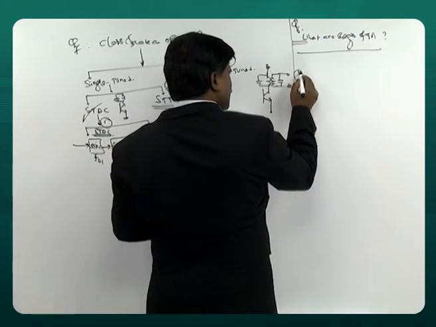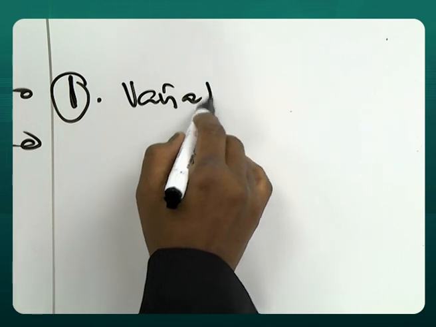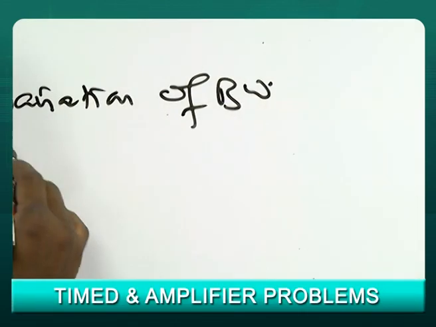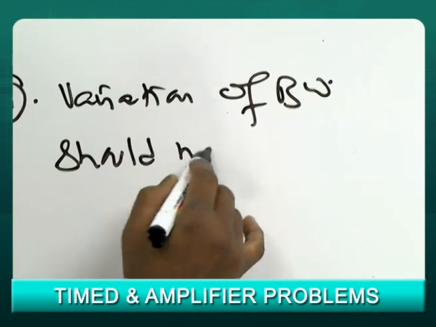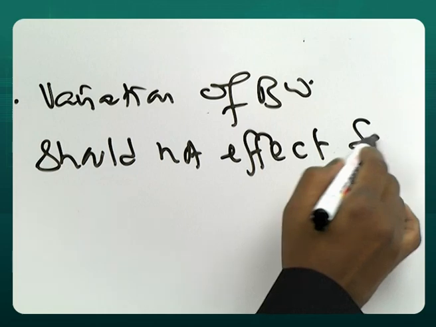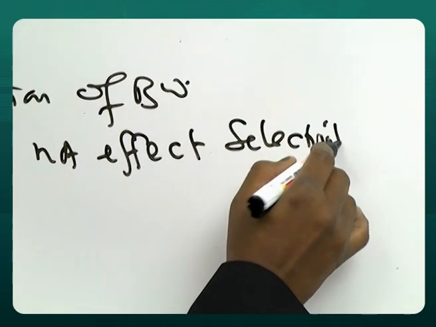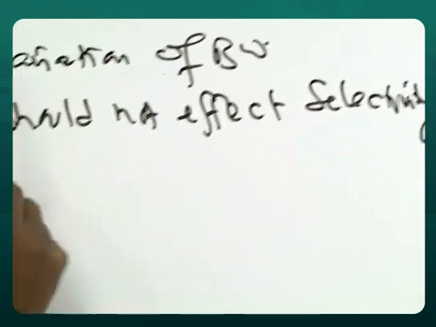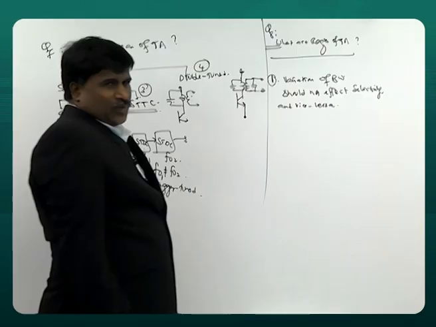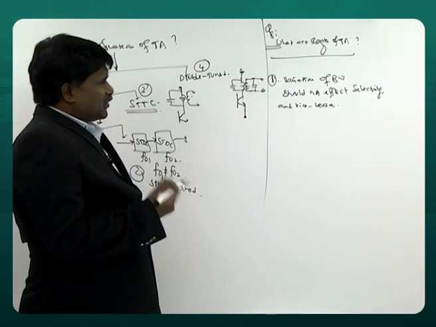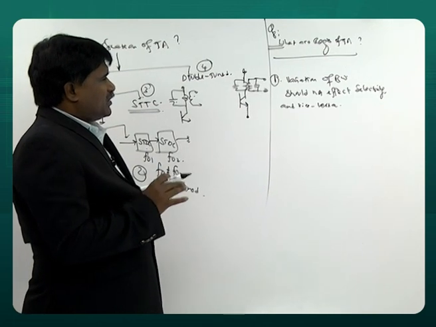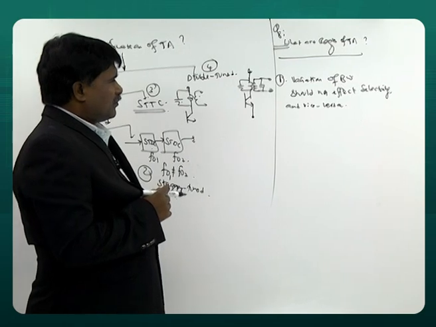First one, variation of bandwidth should not affect selectivity, and vice versa. If you are varying the bandwidth, it should not affect the selectivity. If you are varying the selectivity, it should not affect the bandwidth.